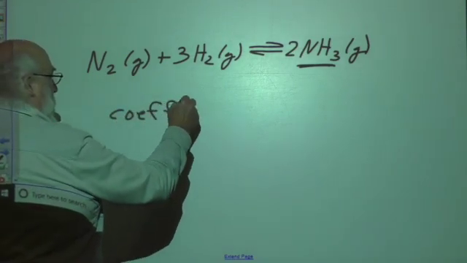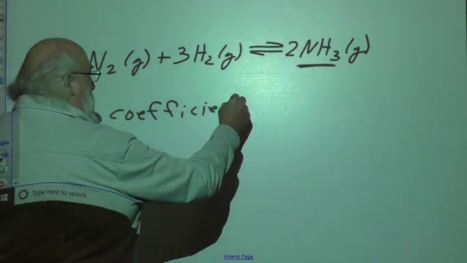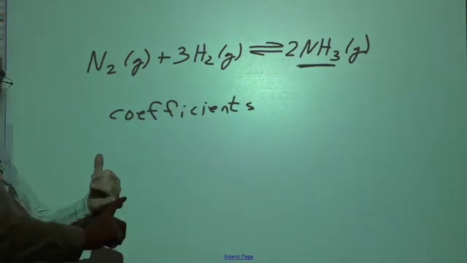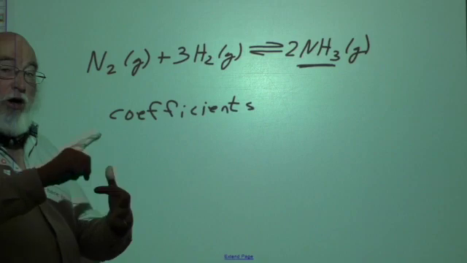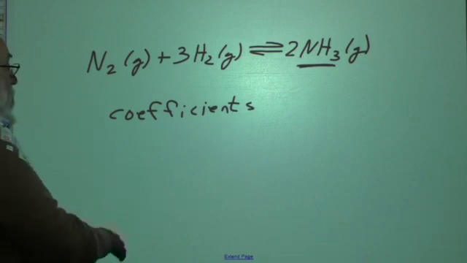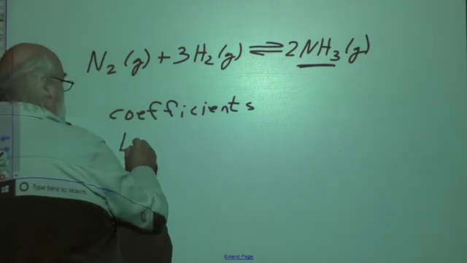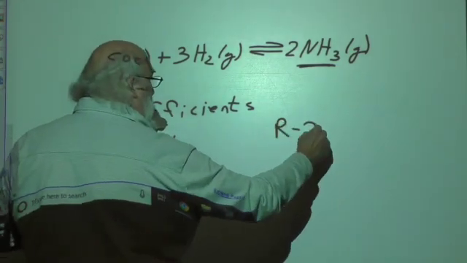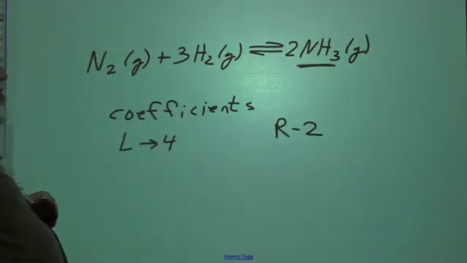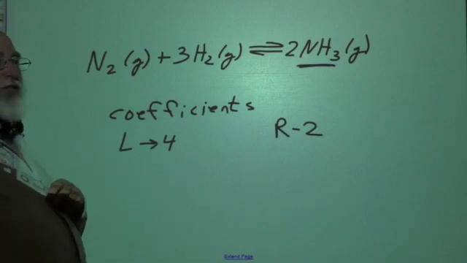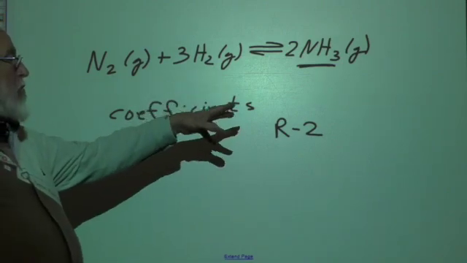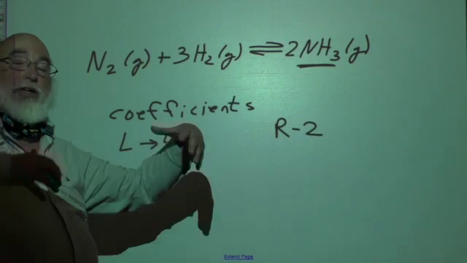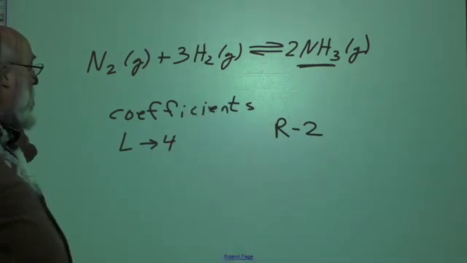Now remember, the coefficients actually talk about three different things: molecules, moles, and volumes of gas. So if we look at the coefficients on the left side, we have 4. On the right side, we have 2. So if we want to shift towards the side of smaller volume, we're going to have to increase pressure, because as you increase pressure, you get lower volume.